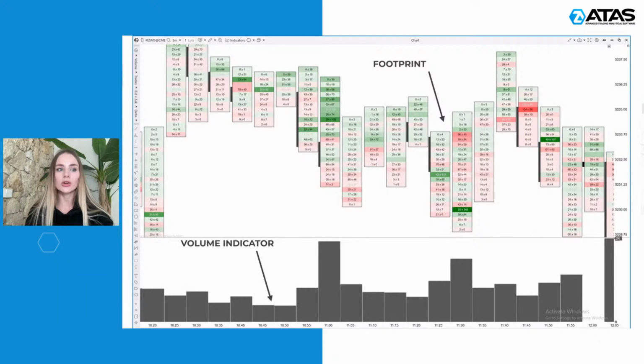You can think of the vertical volume as a summary or a total, and the footprint as a breakdown, showing who was trading specifically and where. You can see on the chart in front of you both representations, the footprint for the same period of time and how the volume was distributed in each and every single candle.